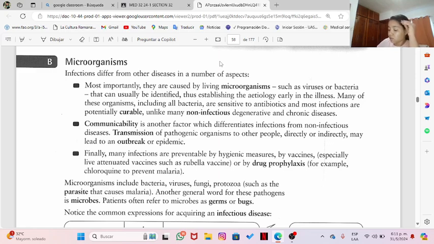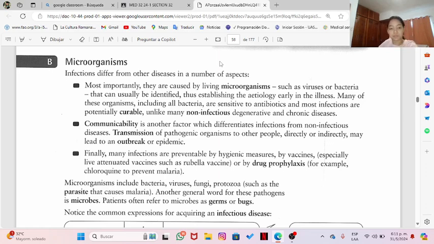Communicability is another factor which differentiates infections from non-infectious disease. Transmission of pathogenic organisms to other people directly or indirectly may lead to an outbreak or epidemic.